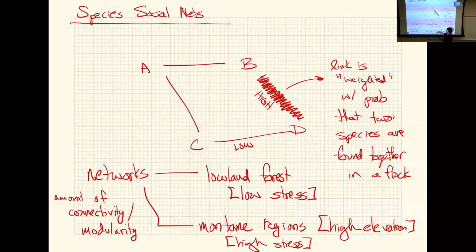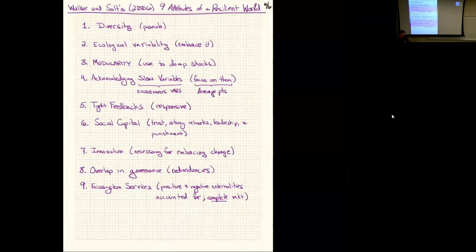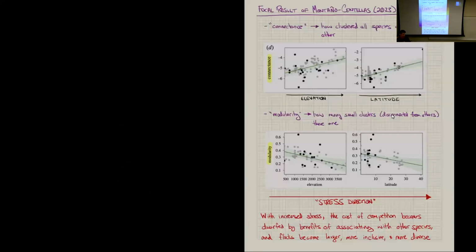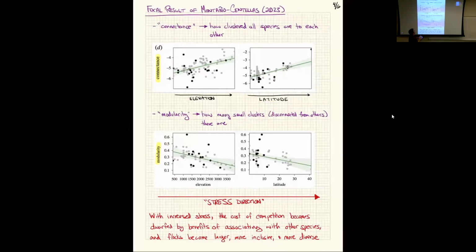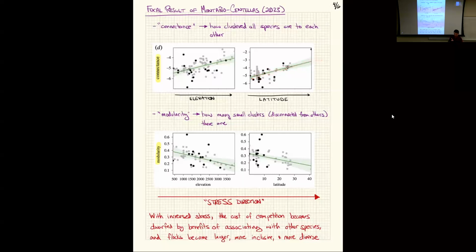And so what they end up finding, and I'll just sort of cut to those results. If I go over, I can scroll to results like these, where what they find is as you go up in elevation, you go up in how connected all of the individuals are to each other, all the species are to each other. Likewise, if you go up in latitude, you get that same.